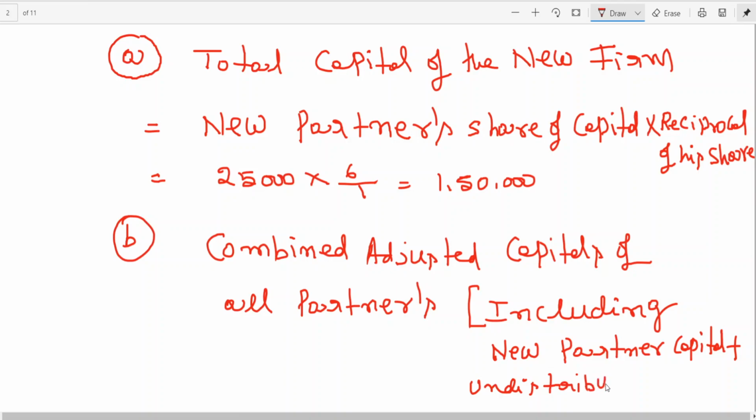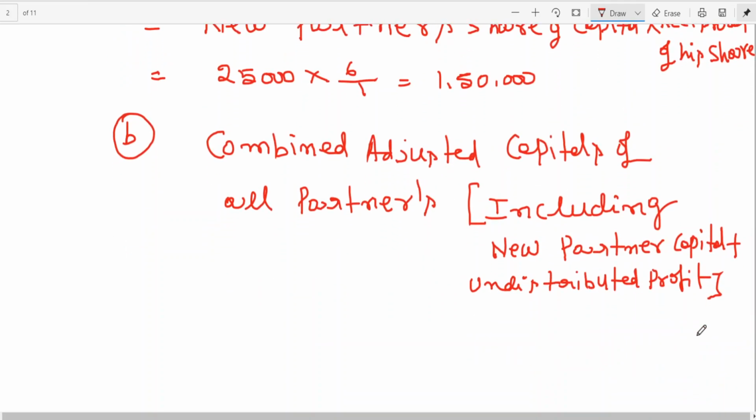What is undistributed profit? Like general reserve, etc. I repeat once again, combined adjusted capital of all partners means including new partner's capital plus undistributed profit.